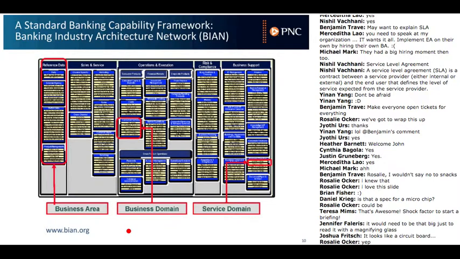We selected this because it's vendor neutral. And I will not hesitate to say the chairman of the board for BIAN just happens to be our chief technology and chief operating officer at PNC as well. So let's just say he thought we made the right decision as well to adopt BIAN.